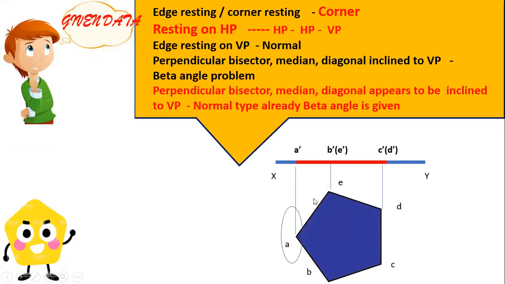So transfer the dimension from the second position to the third directly. In the first position, the top view appears as a pentagon named A, B, C, D, E, and A is the corner which is lying on HP. The front view appears as a straight line.